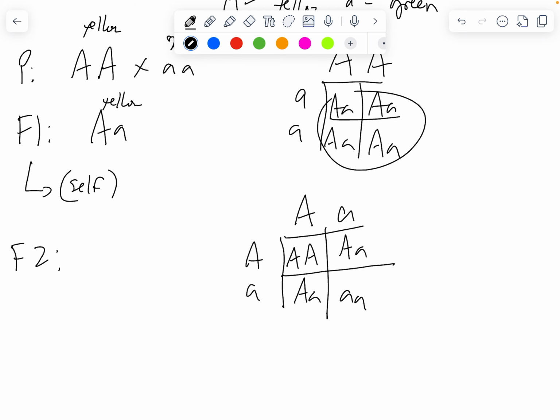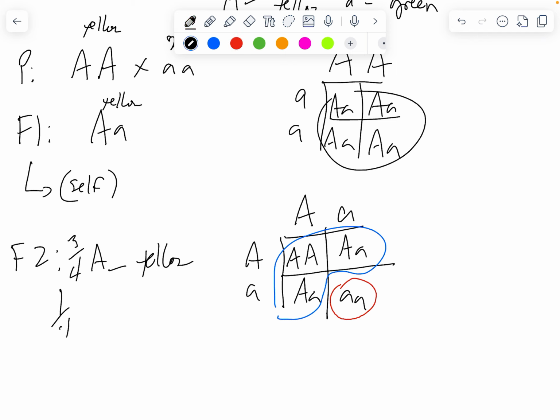So our F2 is 3/4 having at least one dominant A, so they're 3/4 A, which is yellow, and they're 1/4 little a, which is green.